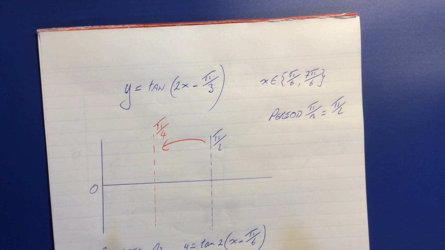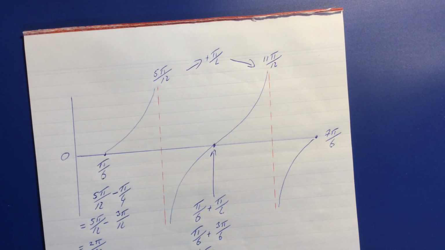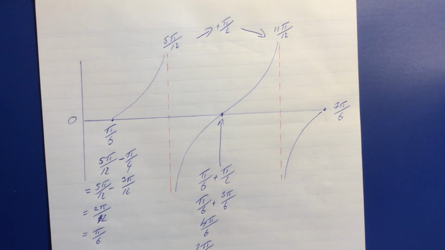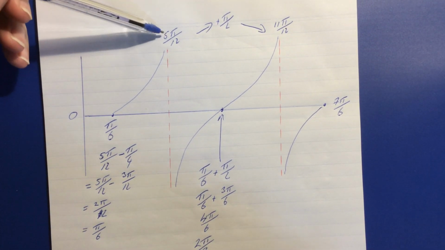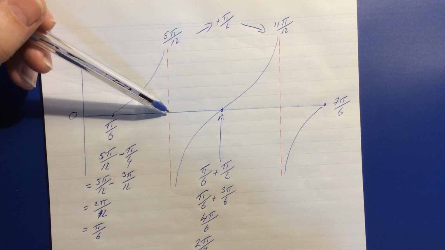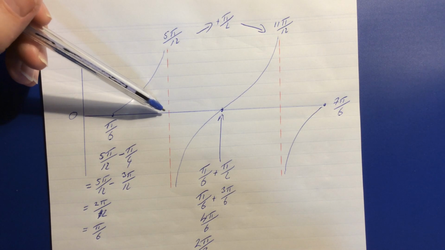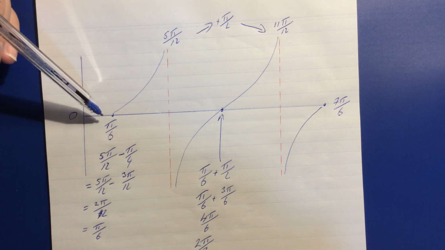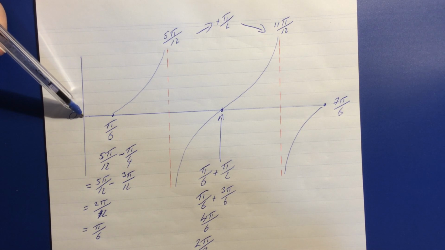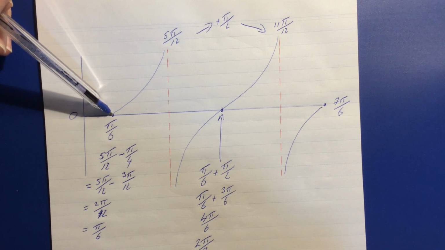And here is what the rest of the graph looks like. There's a fair bit of working here, so I'll just explain this. We'll start with my asymptote, as discovered, 5 pi on 12. Again, thinking about a normal tangent graph, my starting point on a normal tangent graph would be at 0, but everything has been moved pi on 6 to the right. So that's where this tangent graph starts.